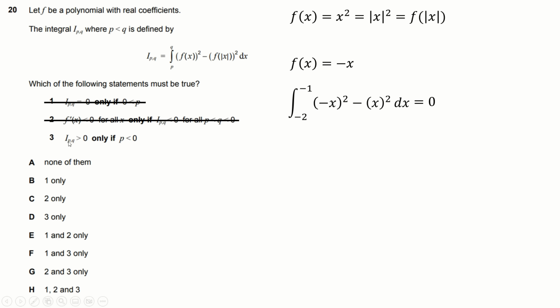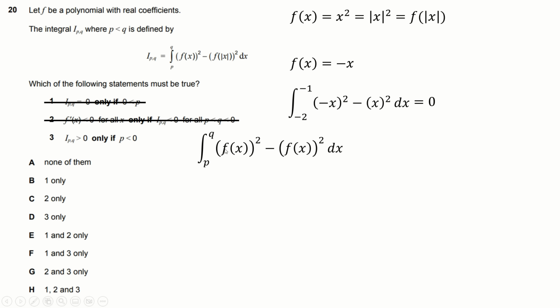And then the third one, I of pq is bigger than 0 only if p is less than 0. So I want p to be bigger than 0 here. And now, the thing is, if p is bigger than 0, then this mod function is irrelevant because you're only integrating across the positive x's because q has to be bigger than p. If p is bigger than 0, q has to be bigger than 0, and so the mod function doesn't do anything.